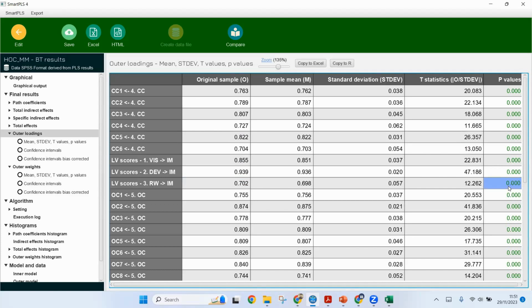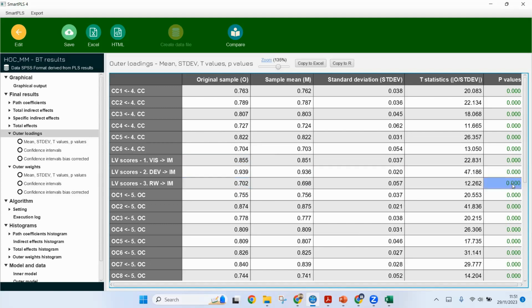So how much variance is the predictor explaining, and how much weight of impact does it carry in forming the construct? One is the representation of the item, and the other is the weight of impact in comparison to the other two variables. So they have a higher weight of impact in comparison to this one.